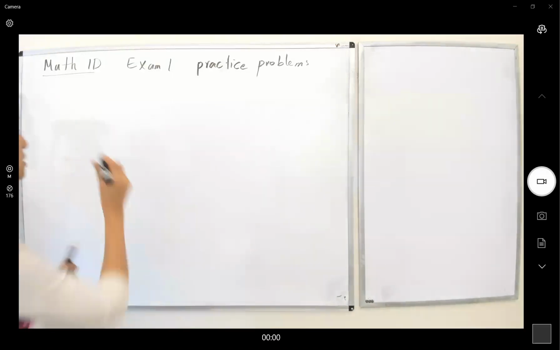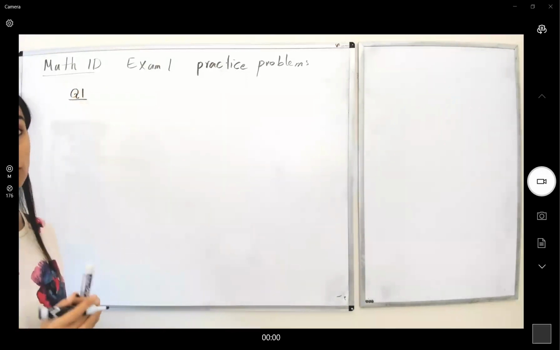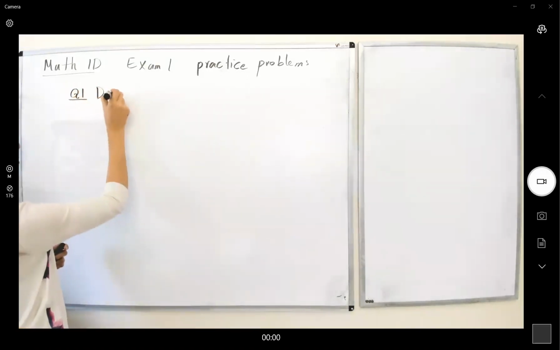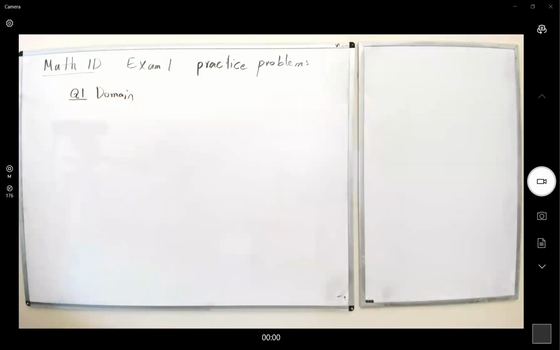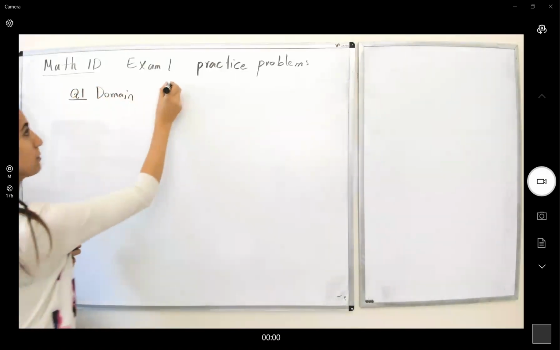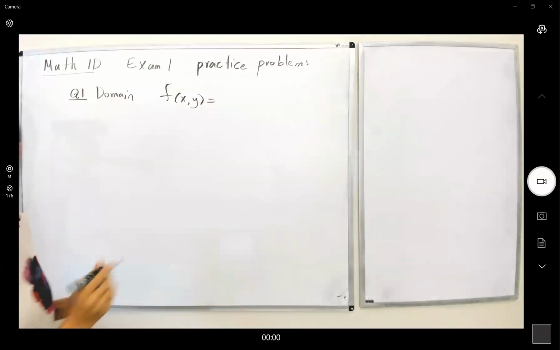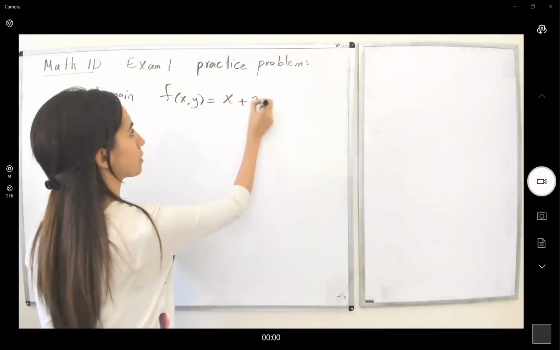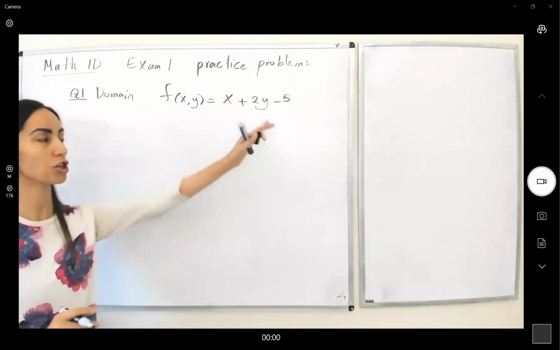In question 1, you have functions and the question says find the domain of those functions. The very first function that you have is f of x and y equals x plus 2y minus 5. If you remember the equation of a plane, this is just a plane.